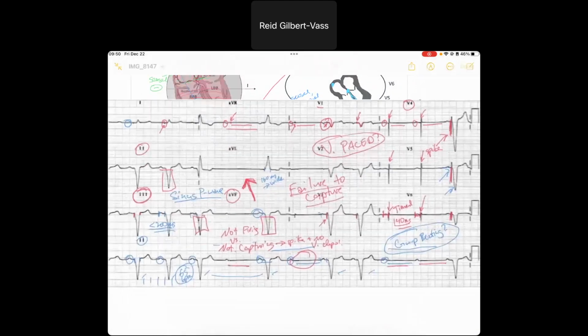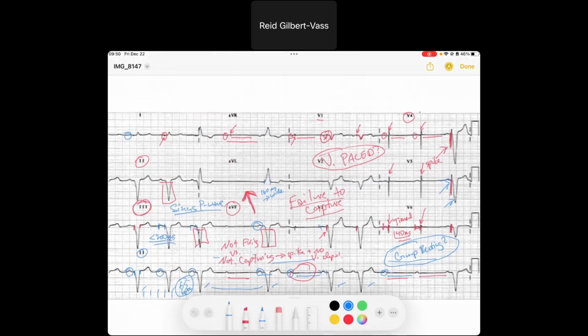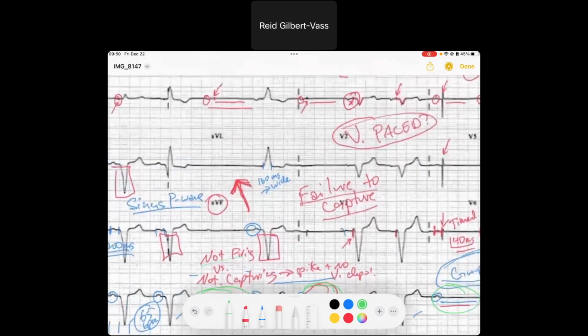And so if we can turn up the amount of electricity that is being sent into that ventricle, then we would be able to capture in these areas where we're failing to capture. And so in this case, it's not that we are not firing the ventricles, it is that we are firing and we're not capturing.